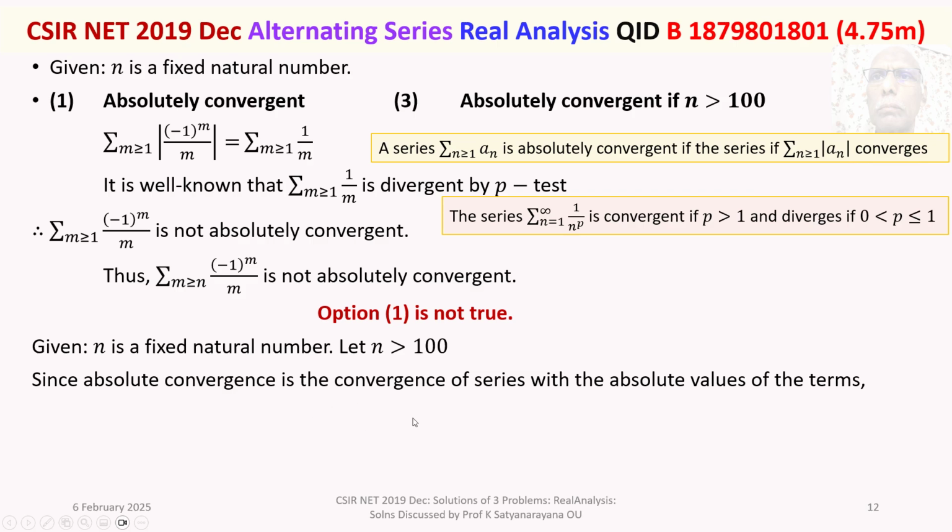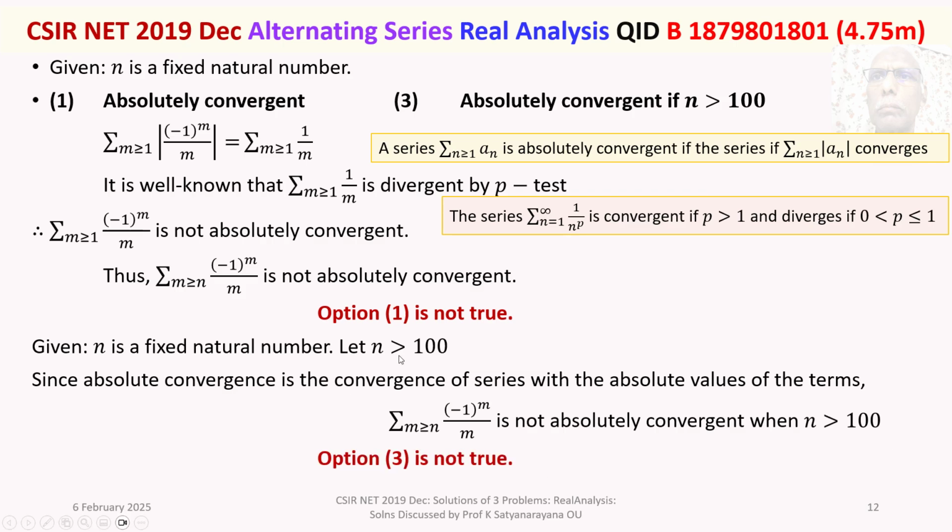What is absolute convergence? It is the convergence of the series with absolute values of the terms. Therefore, sigma m greater than or equal to n, minus 1 to the power of m by m, is not absolutely convergent even when n is greater than 100. Right. Thus, option 3 is also not true.